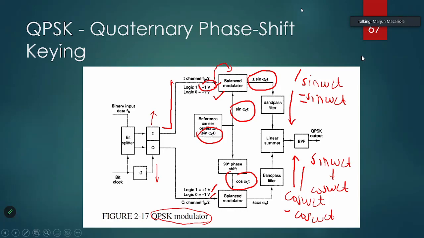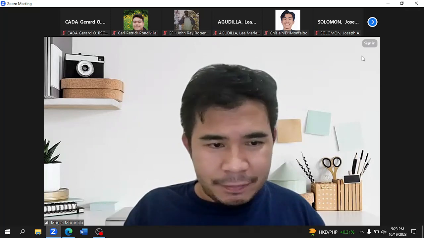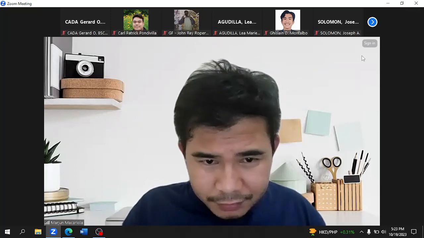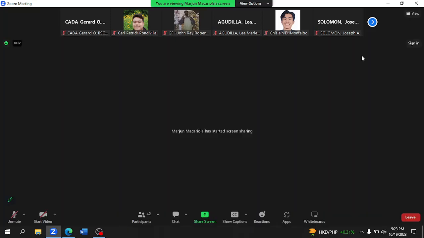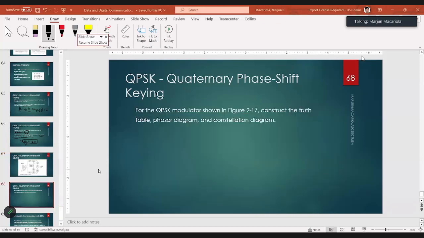Stop share. So ang tanong ay ganito. Okay? The question will be, okay, for the QPSK modulator shown in figure 2-17, construct the truth table, phasor diagram, and constellation diagram. Okay? So tatlo yung tanong. Construct the truth table, phasor diagram, and constellation diagram.